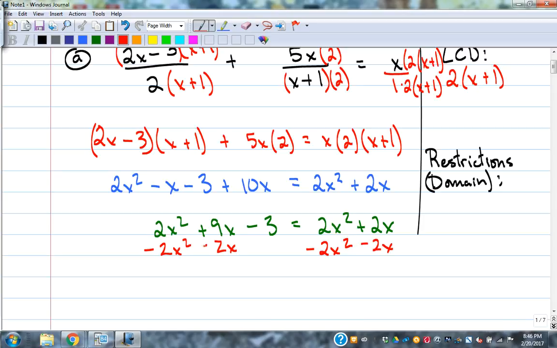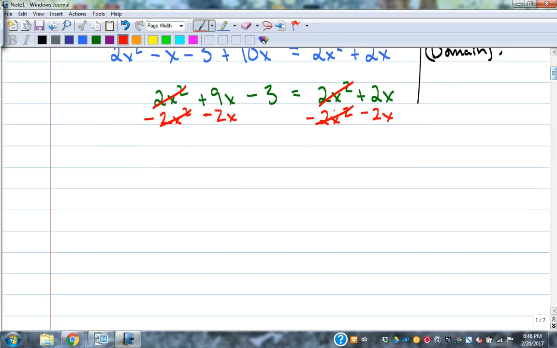I'm just moving both of those pieces. These cancel. Just so happens that these cancel as well. And so that's where we get 7x minus 3 is equal to 0. Now all we got to do is get x by itself. x equals 3 over 7.